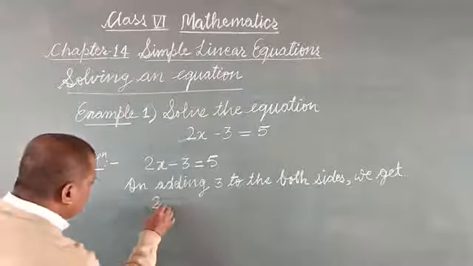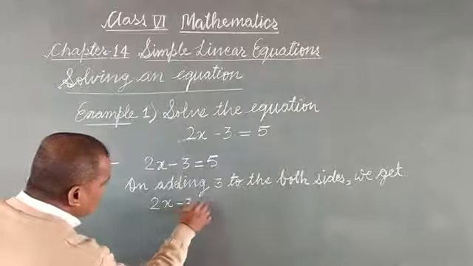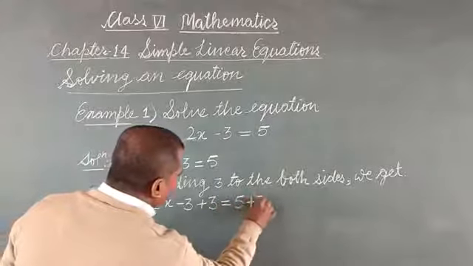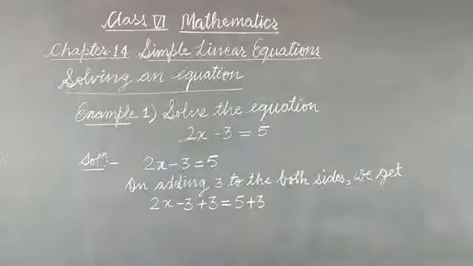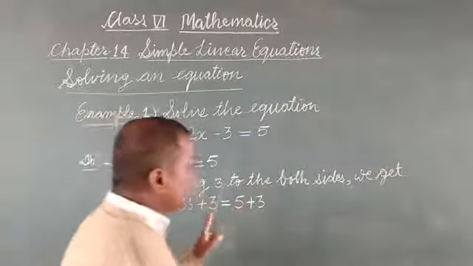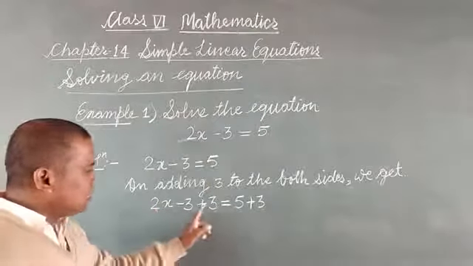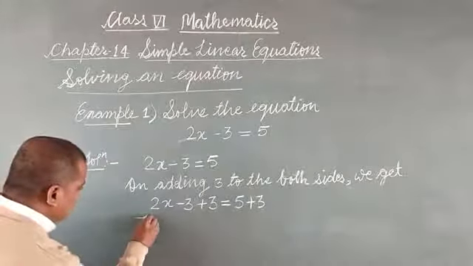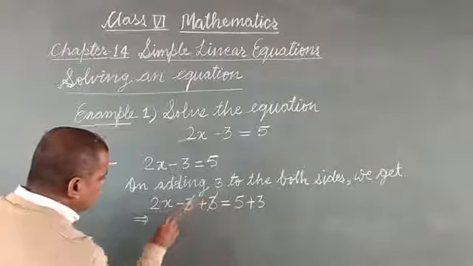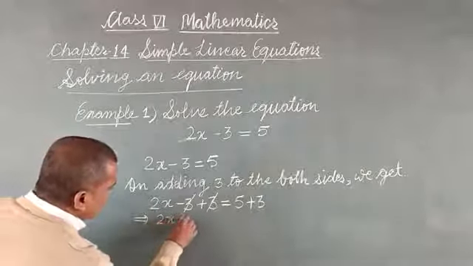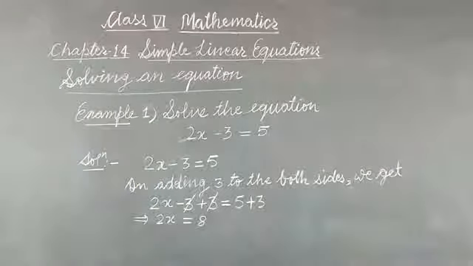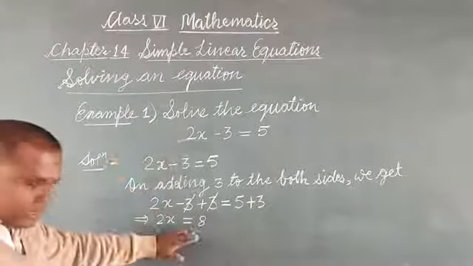We write 2x minus 3 plus 3, 5 plus 3, since we are going to add 3 to both sides. Now simplify: minus 3 plus 3 cancel. So we write 2x is equal to 5 plus 3, 8. Means our equation reduced to this.